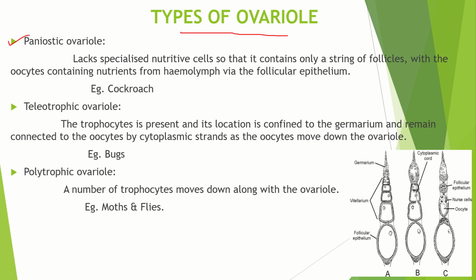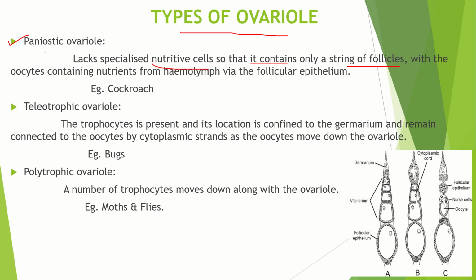One is the panoistic ovariole, which means it lacks specialized nutritive cells. It contains only a string of follicles with the oocyte, which gets nutrients from the hemolymph. Meaning this panoistic ovariole has no nutritive cells, only a string of follicles, and the oocytes get their nutrients from the hemolymph.